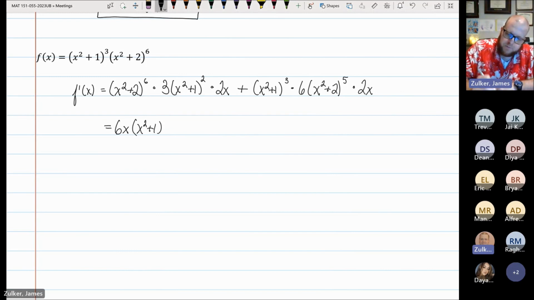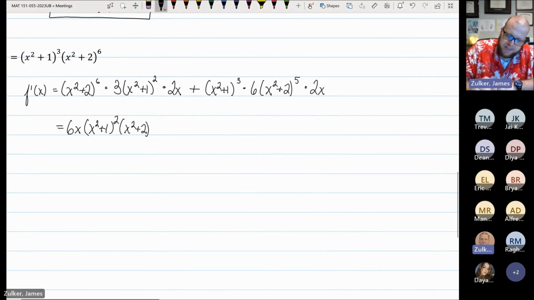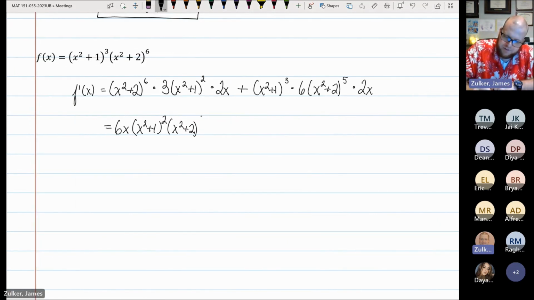For x squared plus 1, I have power of 2, power of 3. I factor out the smaller power. X squared plus 2, we have power 6, power 5. Again, you factor out the smallest power. And now what's left? From the first term, just an x squared plus 2.